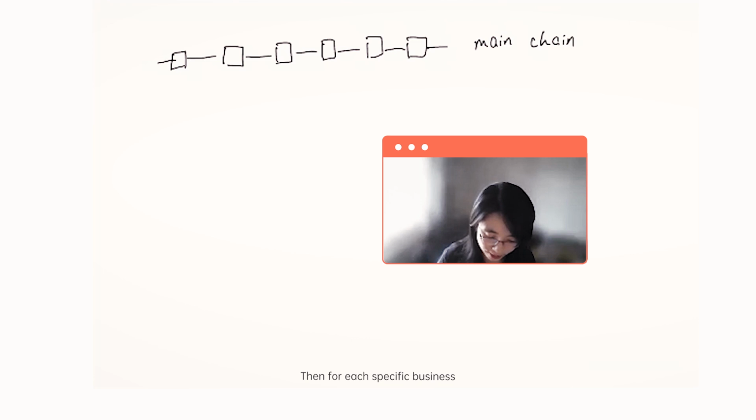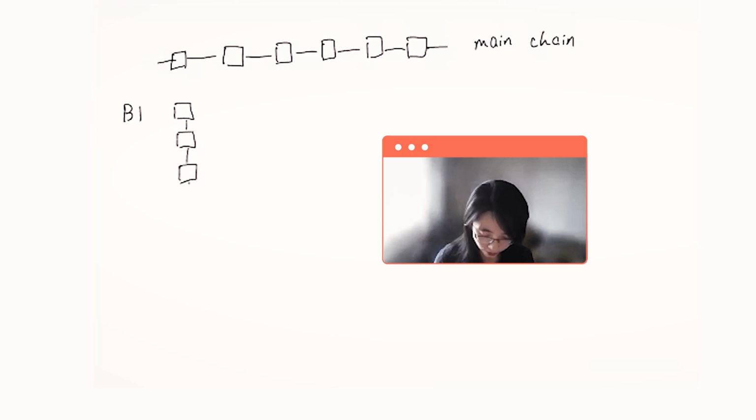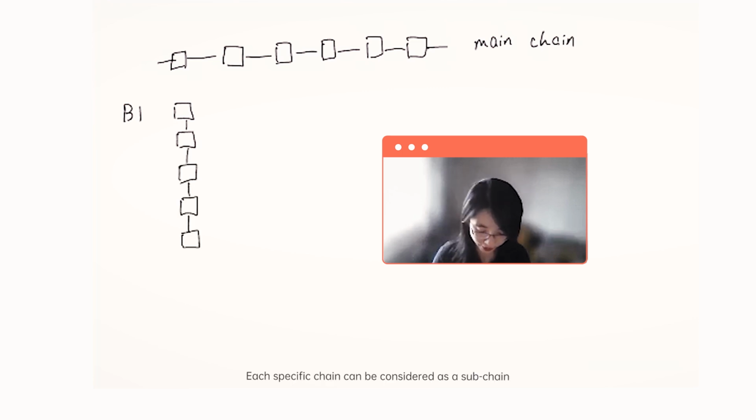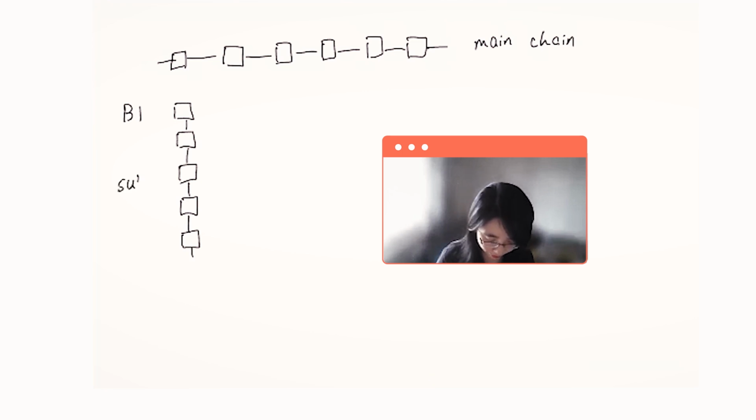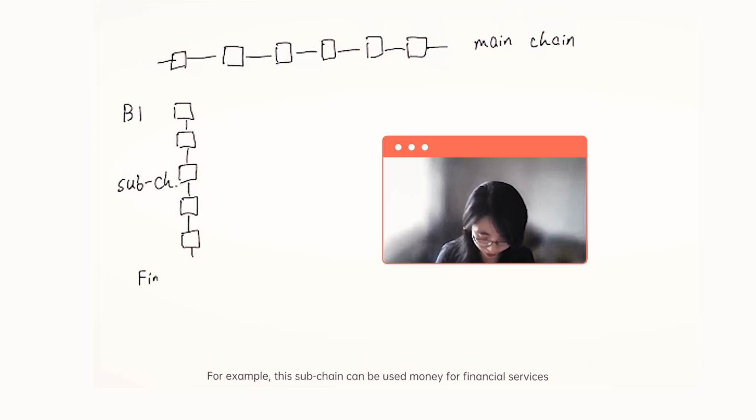Then for each specific business, for example, business one, it can create its own chains. Each specific chain can be considered as a subchain. We call it subchain. Then we can have different subchains for different transaction types. For example, this subchain can be used mainly for financial services.